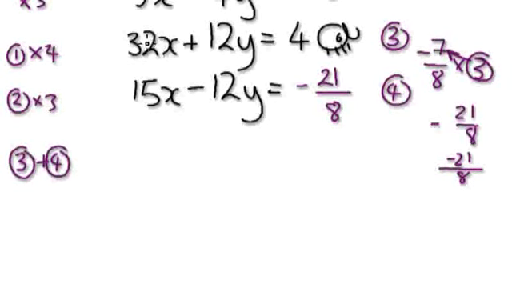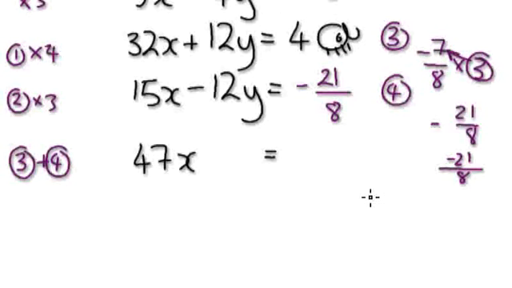So here you're going to get 47x, and here the two y's are going to kill off each other. So now it boils down to this thing, and then we've got to get this added to this.